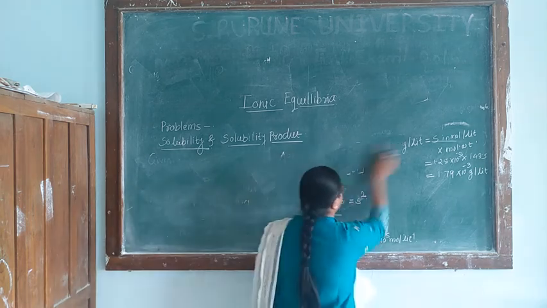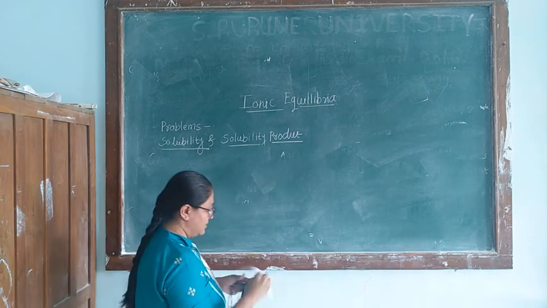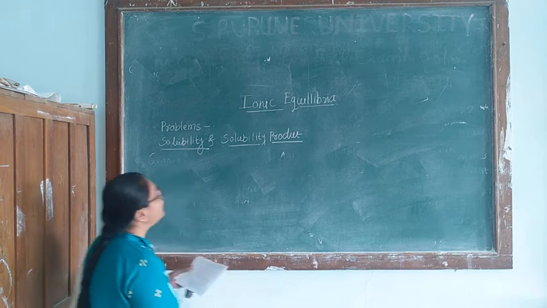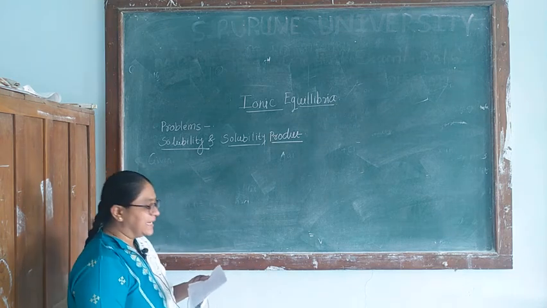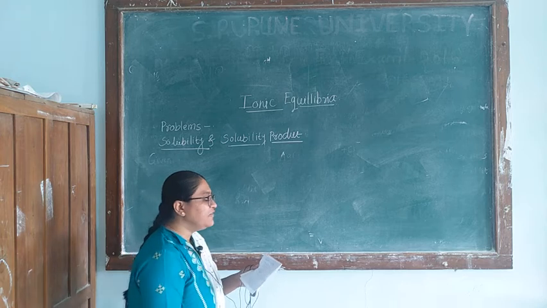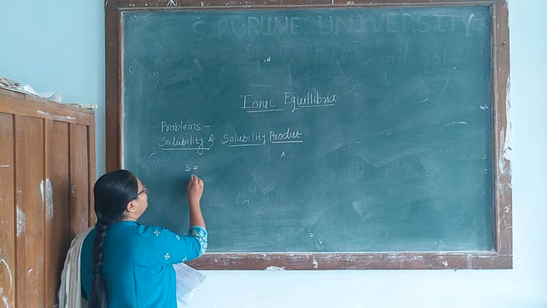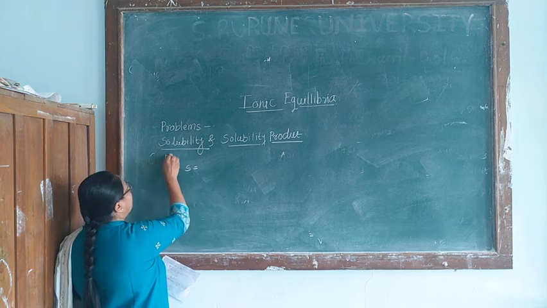Next problem. The solubility of magnesium hydroxide is 0.00835 grams per liter. Here we have been given the solubility of magnesium hydroxide.